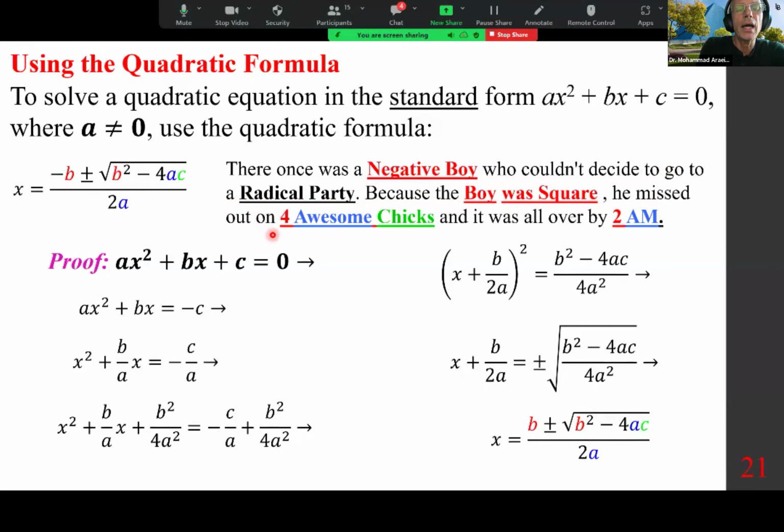He missed out on 4 awesome chicks, and it was all over by 2 a.m. So x is minus b plus minus the square root of b squared minus 4ac over 2a. My students taught me. I had never heard of that. If it helps you memorize the formula, whatever helps, if you haven't already.